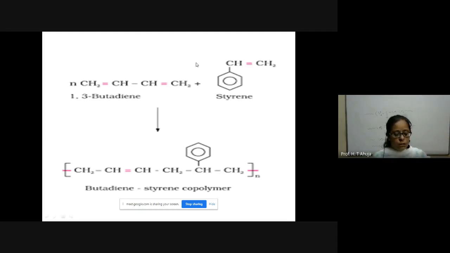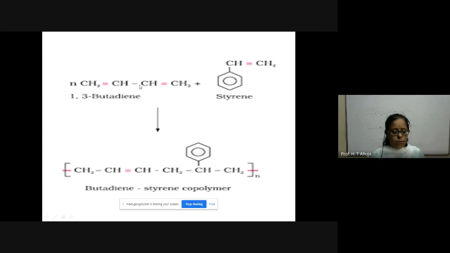Since these two monomers react together, like if you see the structure of styrene, where we have a CH double bond CH2, these two monomers react together and you have the formation of a polymer, that is butadiene styrene copolymer.